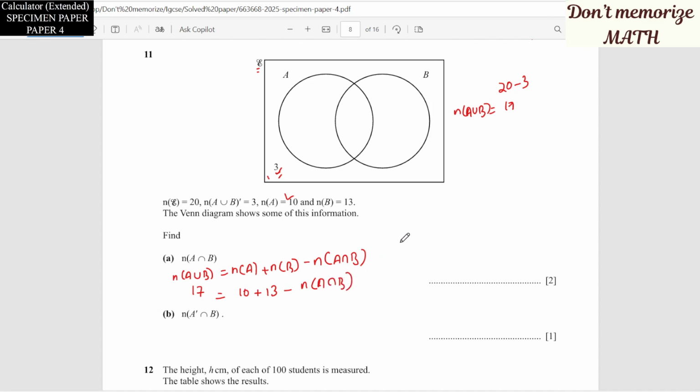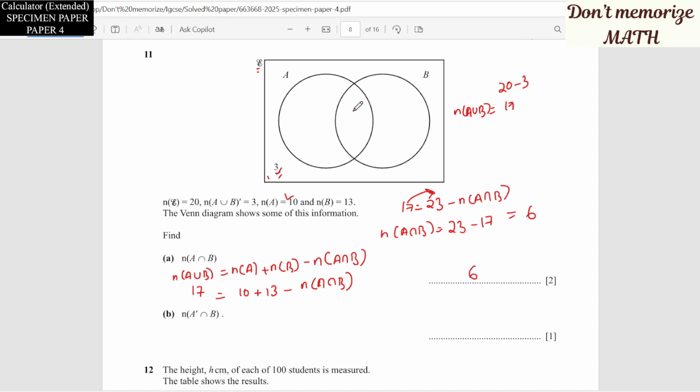Okay, so I will write here. So 17 equal to 10 plus 13 is 23 minus n of A intersection B. So minus n of A intersection B you can move to left side, so it will become plus n of A intersection B equal to, keep the 23 in the same way, then plus 17 we will move to right side, it will become minus 17. So 23 minus 17, what is 23 minus 17 is 6. Okay, so n of A intersection B is 6.